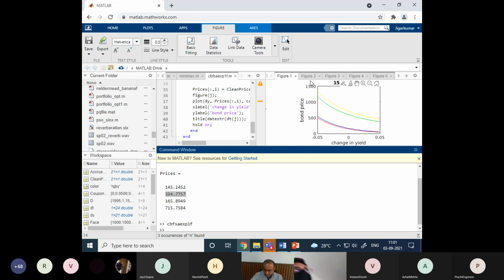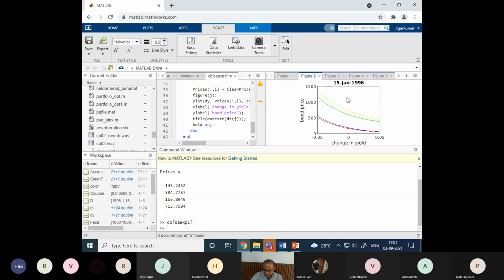So this way, this is for 1995. Now let us see how it is changing with respect to the date 1996. Almost the same, slightly shifted downward. Figure 3, almost the same. These two curves are slightly merging, almost parallel curves, slightly shifting. Figure 4, you can see this has slightly shifted. Figure 5, again there is a slight shift.